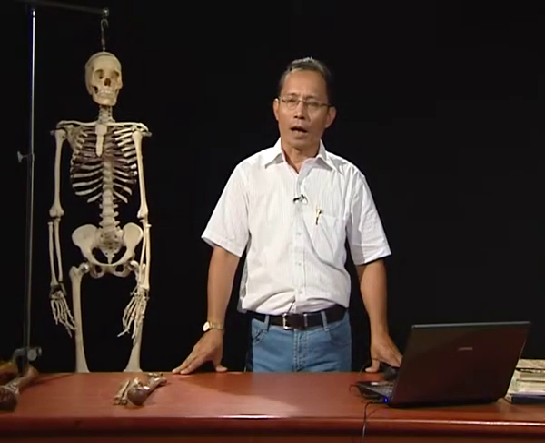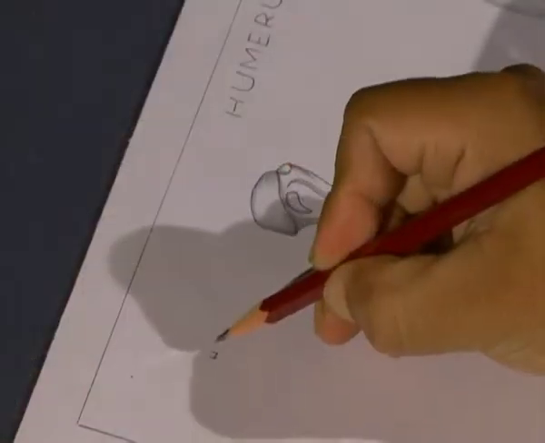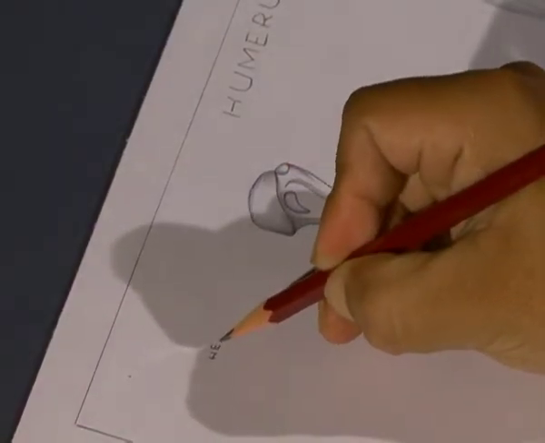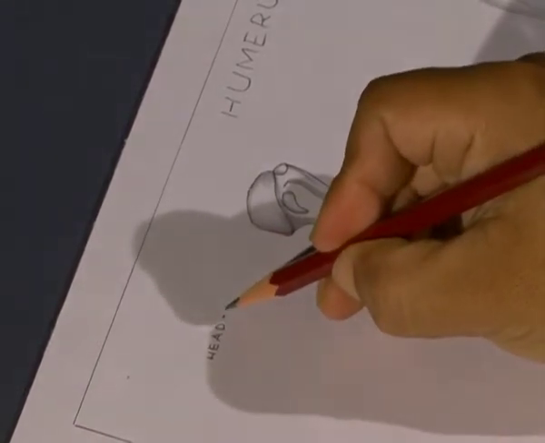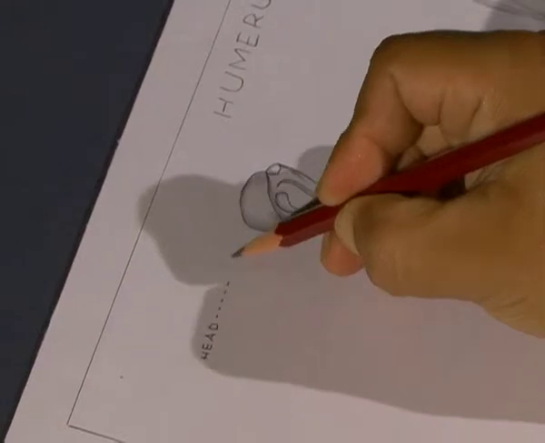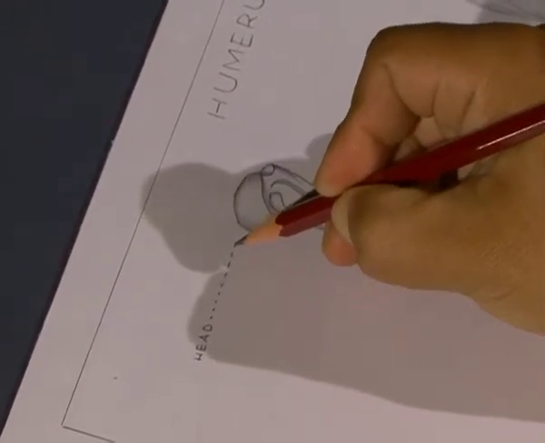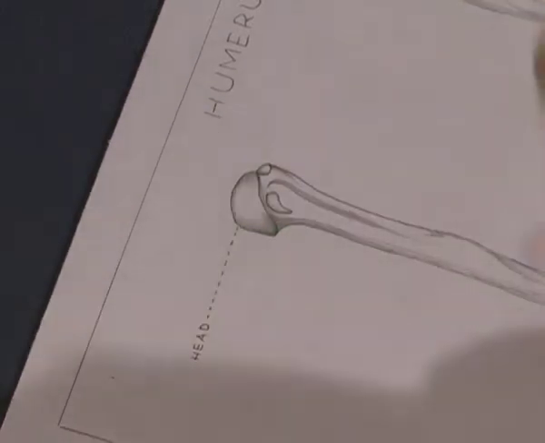After completion of drawing, you should not forget to label each and every important feature of the bone. While labeling, you should keep in mind that you should use a dotted line, not a solid line, because a solid line may often be confused as a part of the bone. In most of the drawings we find solid lines, but that is not a proper system.